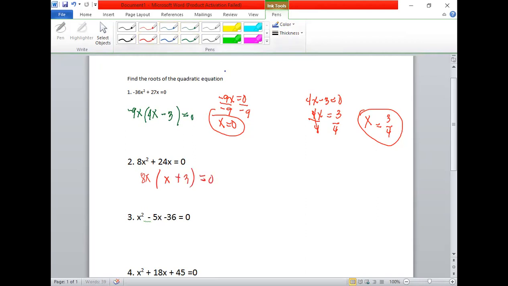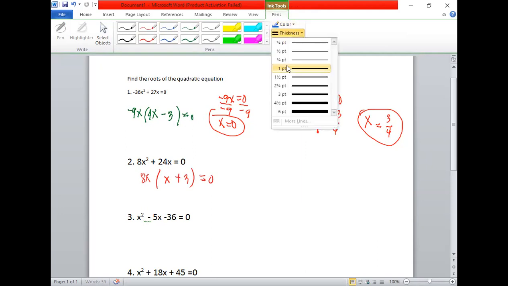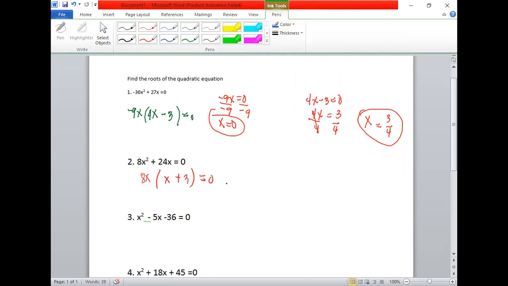So let's equate them to 0. So 8x is equal to 0 and also x plus 3 is equal to 0. We don't need to put parentheses. So for 8x, divide both sides by 8.